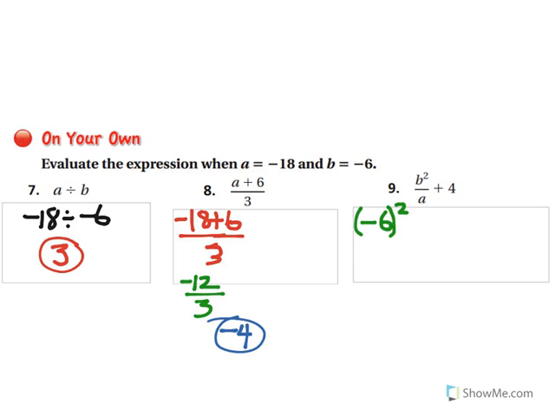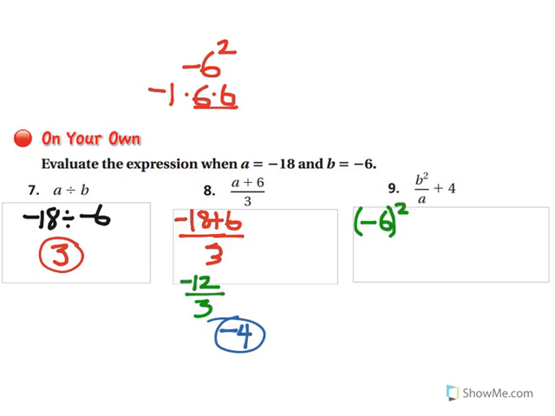You may or may not remember this from before, but that is your rule here: when you are squaring a negative, you have to put it in parentheses because it's -6 times -6. Let me show you over here. If I have -6 squared, this means 6 times 6 times the -1, which gives it the negative sign.